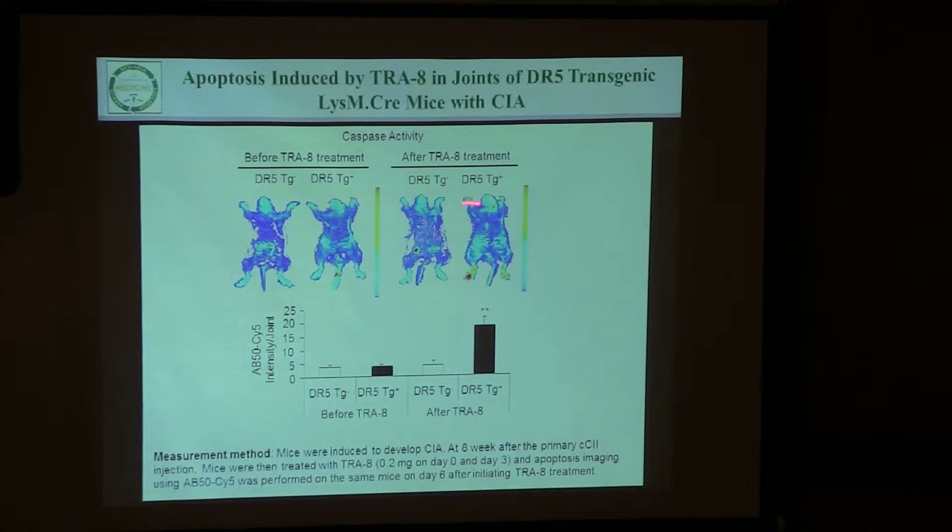As the image shows here, after TRIA treatment, the signal was significantly increased in the transgenic DR5 positive mice, especially in the joint region. Therefore, it demonstrates that anti-DR5 antibody can induce apoptosis in the joint.